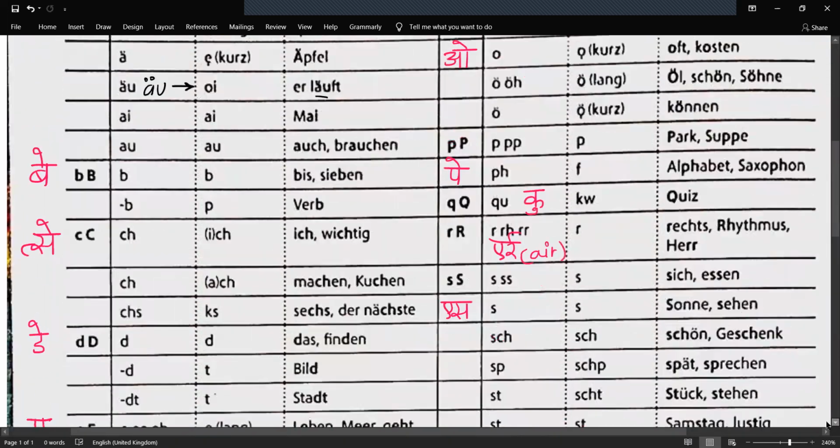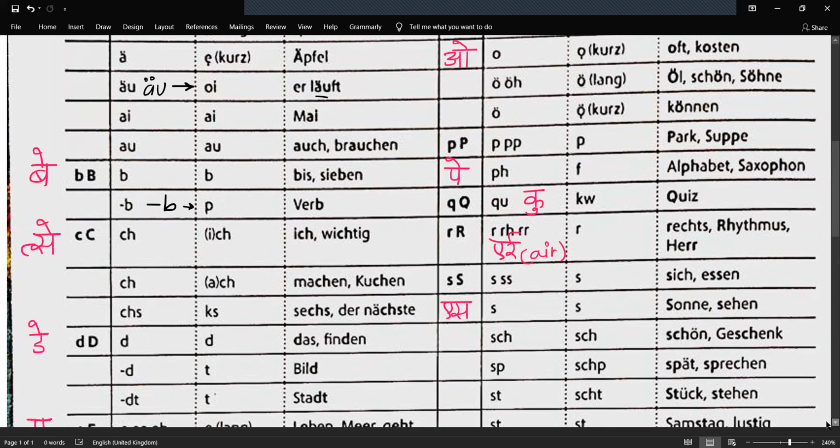Then the next is the b sound: bis, sieben. Now, this means that there is a dash and b. This means for all the next alphabets as well that the word ends with this particular character. And this indicates that when a word ends with b, there is a subtle p sound, as in Verb. So it's not a hard b, but a p.